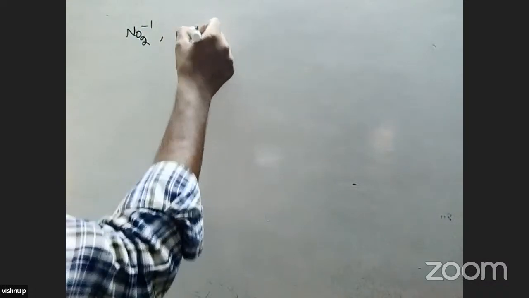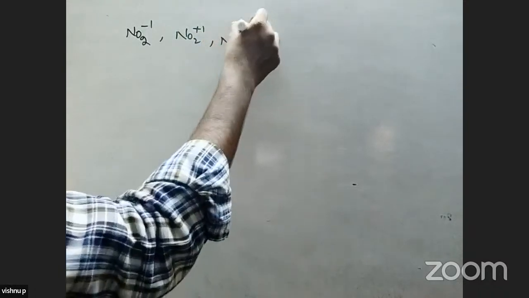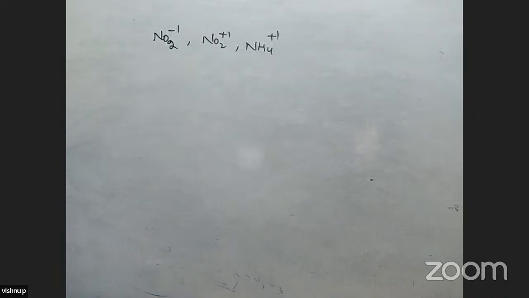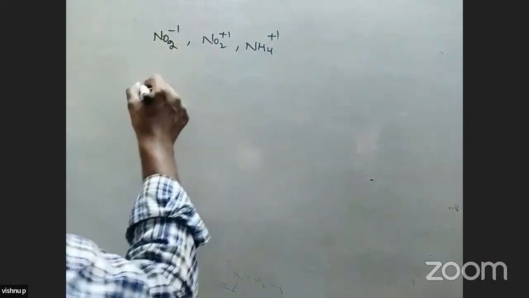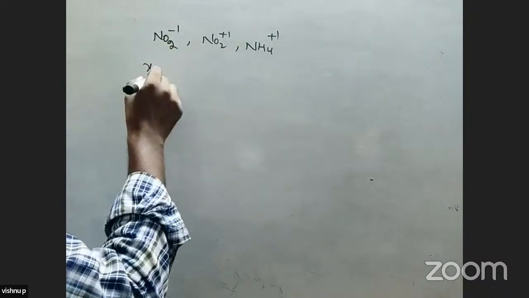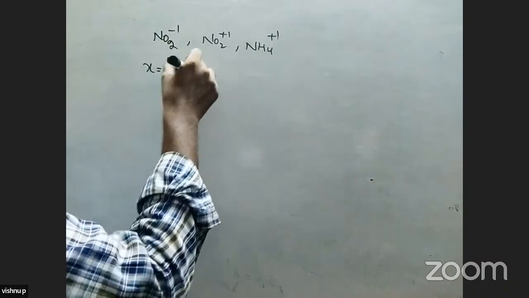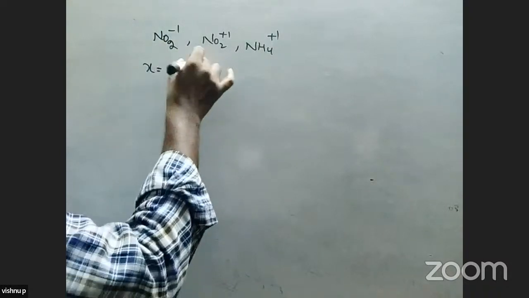Next question is, find out the hybridization in NO2 -1, NO2 +1, and NH4 +1. We use one formula to find out the hybridization of these molecules. What is the X value? For NO2 -1, nitrogen is 5th group, oxygen is 6th group, and 2 oxygens are present.